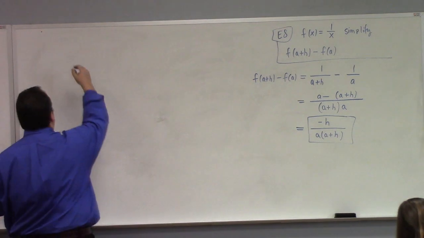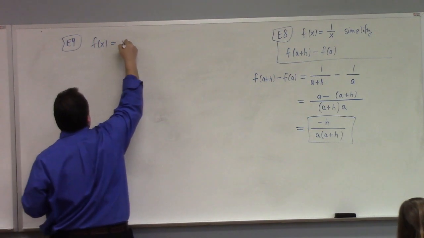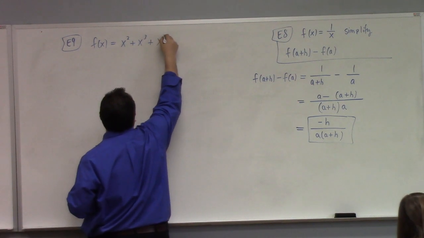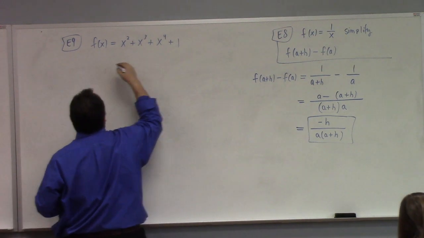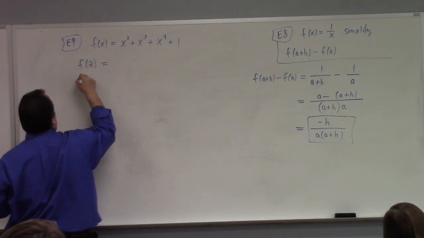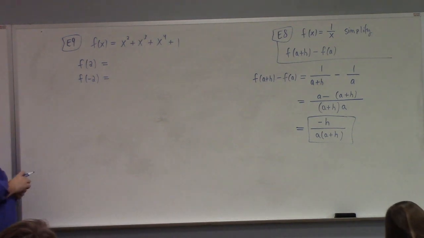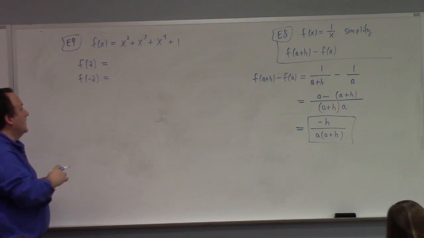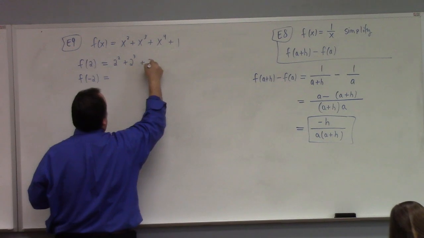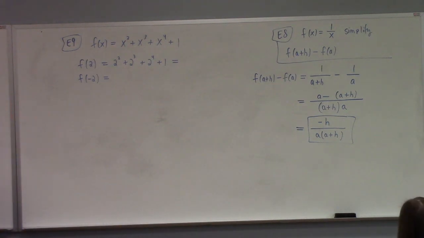Do another here. Example 9. Suppose you've got f of x equals x squared plus x cubed plus x to the 4th plus 1. Let's calculate f of 2 and f of minus 2. 2 to the 2nd power plus 2 to the 3rd power plus 2 to the 4th power, plus 1, right?